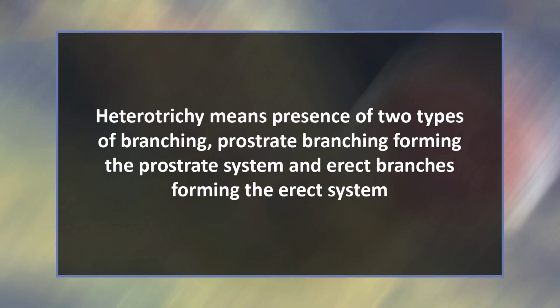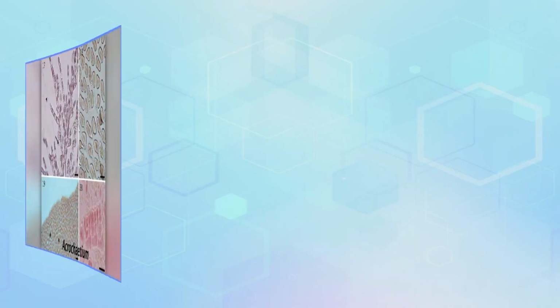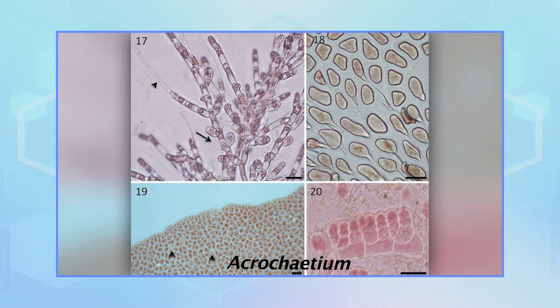This is the most highly evolved type of plant body, showing a good amount of division of labor. Heterotrichy means the presence of two types of branching: prostrate branching forming the prostrate system and erect branches forming the erect system. The prostrate system creeps along the substratum and sends rhizoids to fix the thallus. From the prostrate system arise the upright filaments forming the erect system, for example, Acrochaetium.